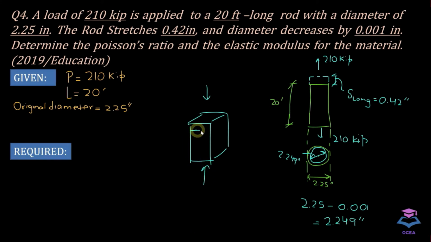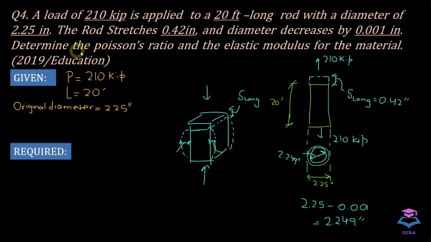It would obviously shrink in this dimension, that is the lengthwise dimension. And when it shrinks, it causes expansion in the lateral direction, that is, it kind of bulges out in the middle. This happens because of the Poisson effect, and the Poisson ratio is something associated with the Poisson effect.